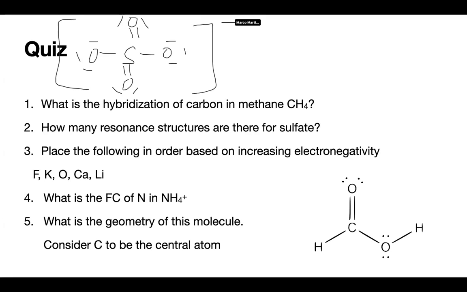Using this as our starting point, we could change where the double bond is. So we could draw different resonance structures. For instance, we could have the double bond go like this, and then have our 2 single bonds like that.